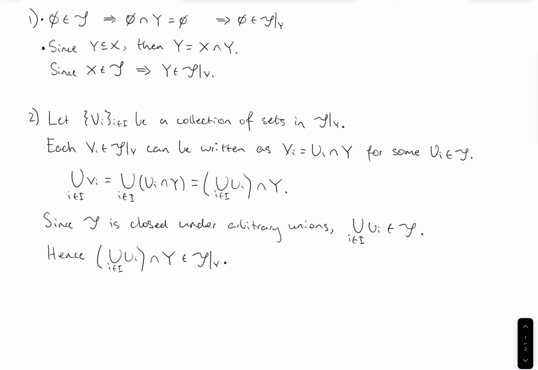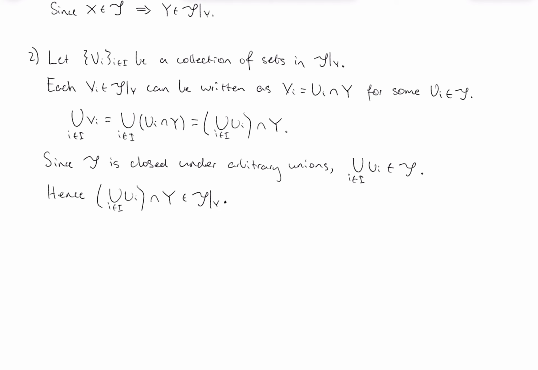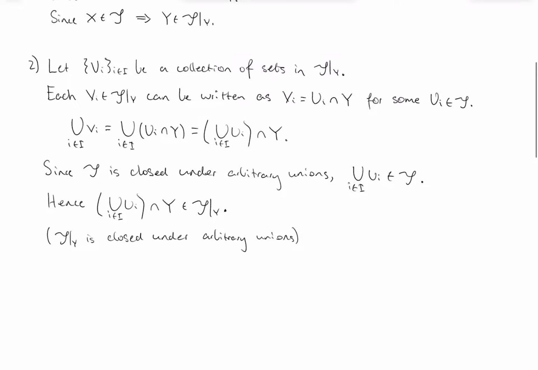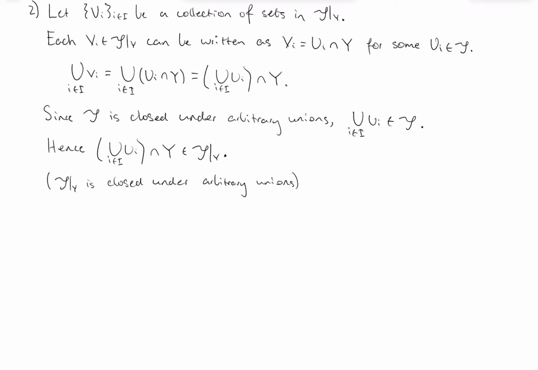So, in other words, the subspace topology is closed under arbitrary unions. I'll just write that. Lowercase, closed under arbitrary unions. Good. So that's the second part, closure under arbitrary unions.